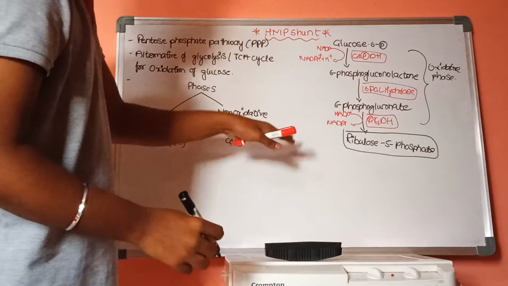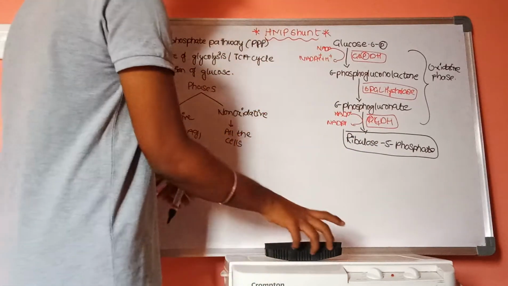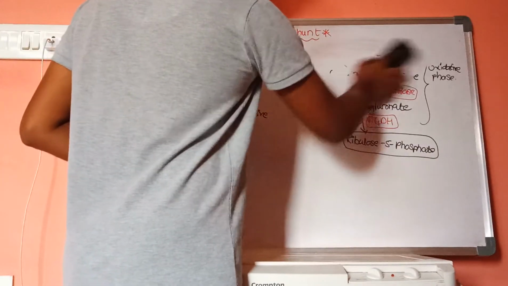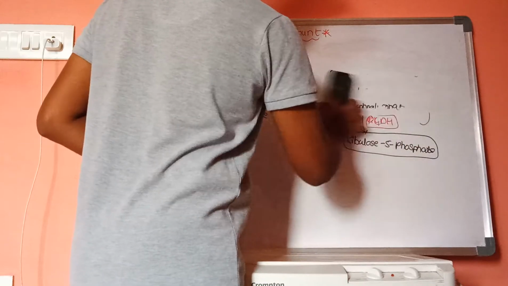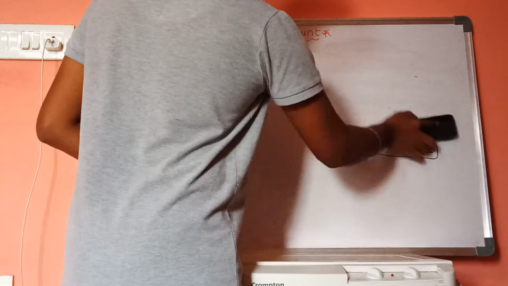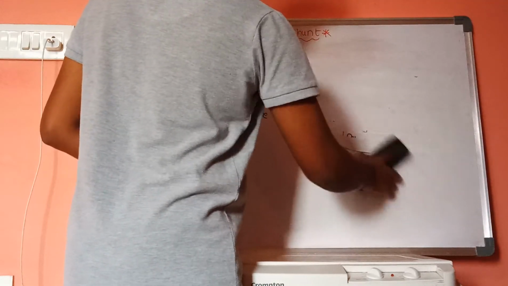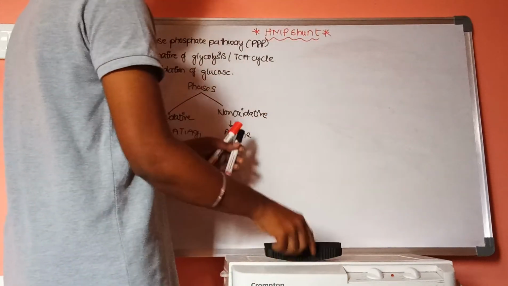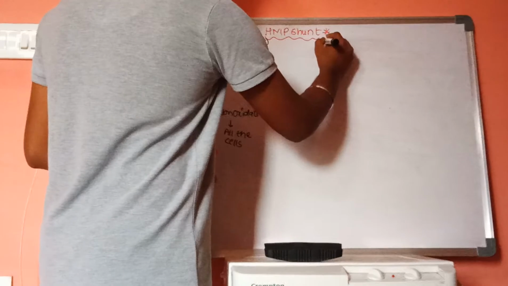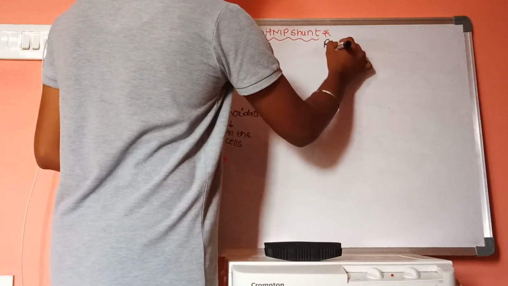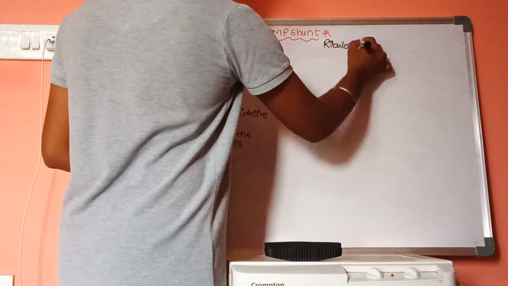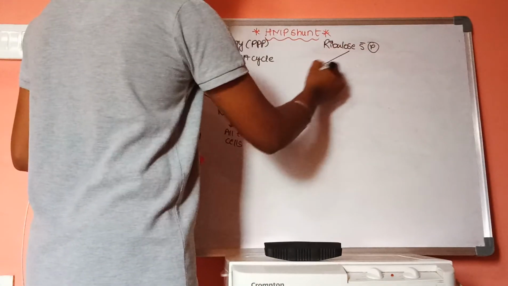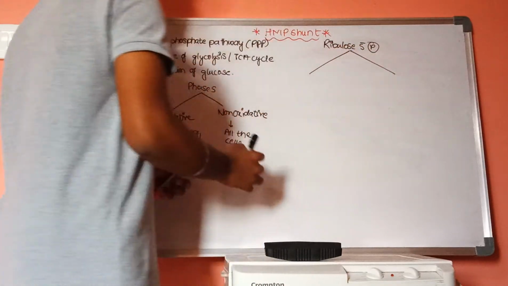Coming to the non-oxidative phase, at first ribulose 5-phosphate will get converted into two substances.